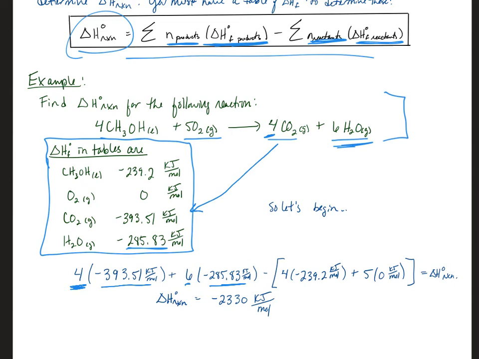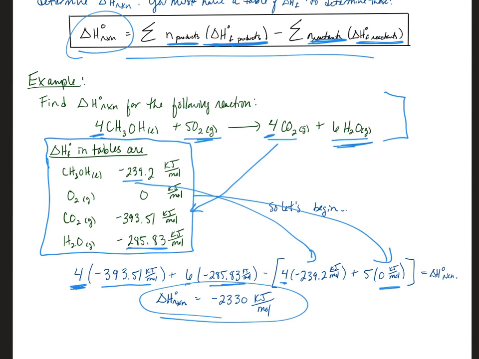Our reactants are 4 of methanol, which is given right here, so I put that in down here. And that 4 again comes from the balanced equation. And then 5 of O2. Well, O2 is 0, so that makes things a lot easier. And then all you do is add and subtract this together as you would any other problem, and you get the delta H of that reaction.